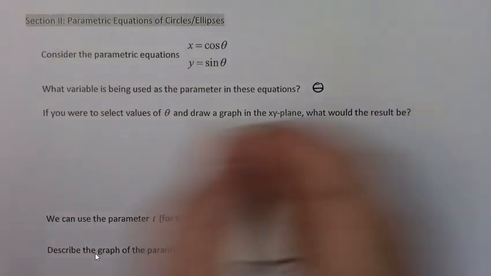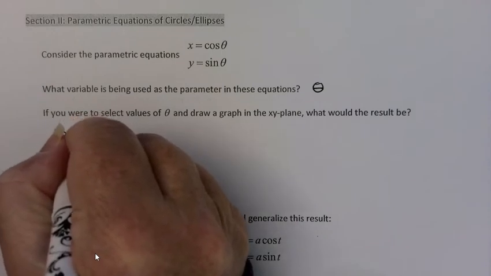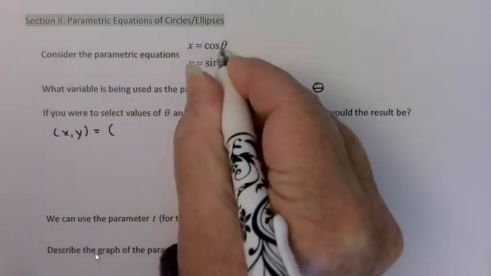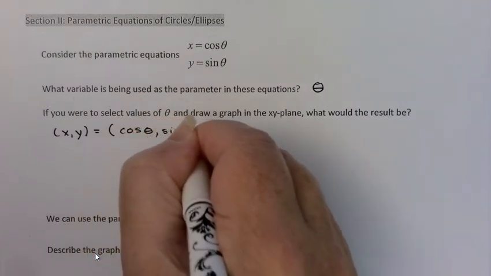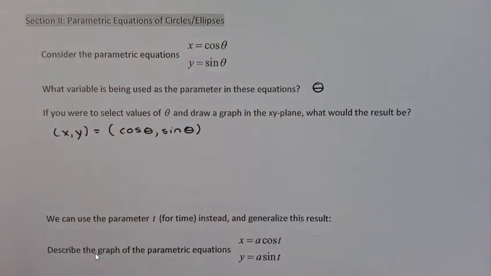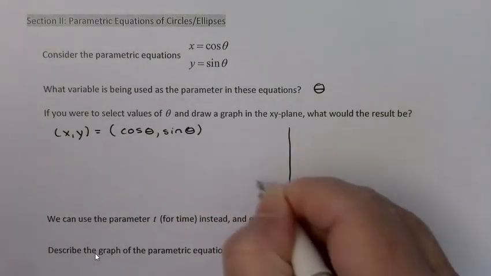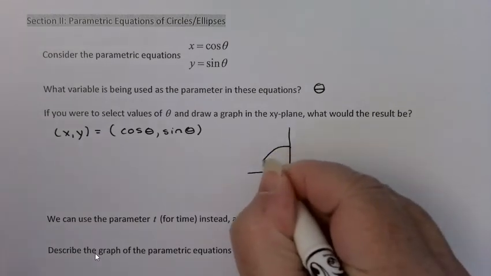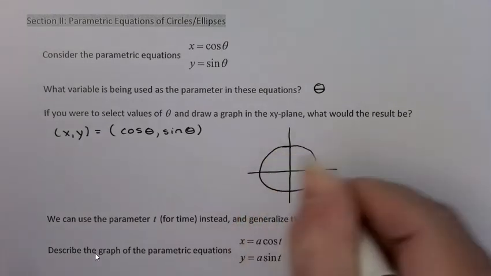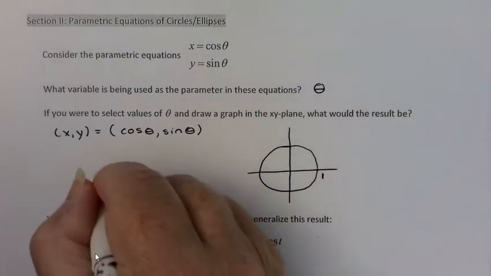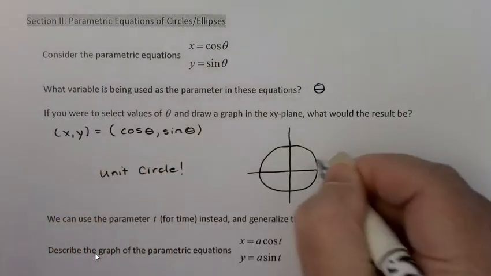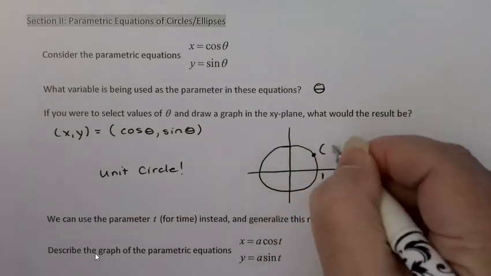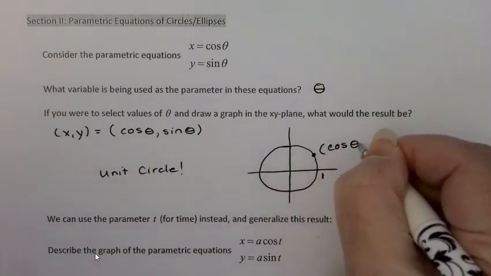Well, if we draw the points (x, y) equals (cosine theta, sine theta), what do we get? We just get the unit circle, right? Every point on the unit circle, we've known this since Trig, has coordinates (cos theta, sine theta).